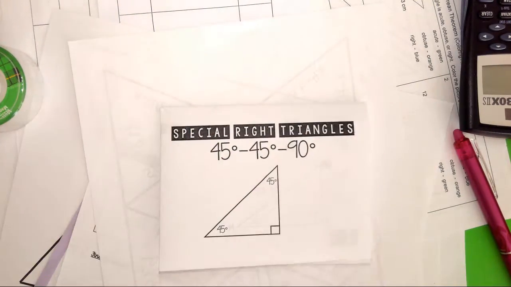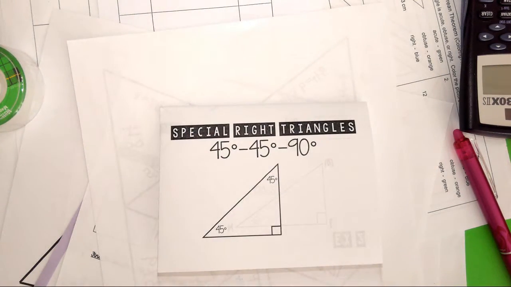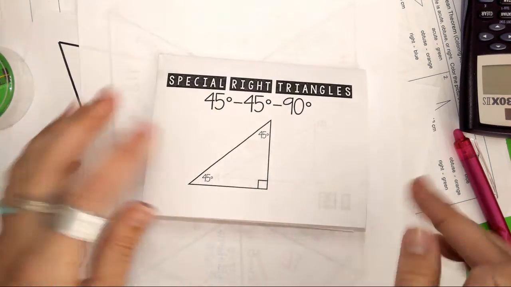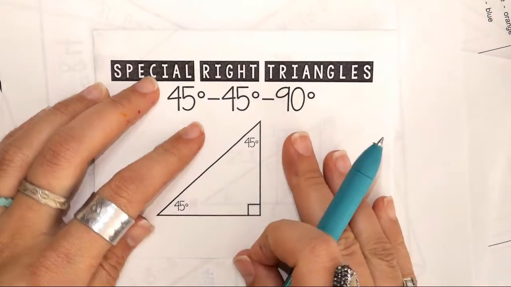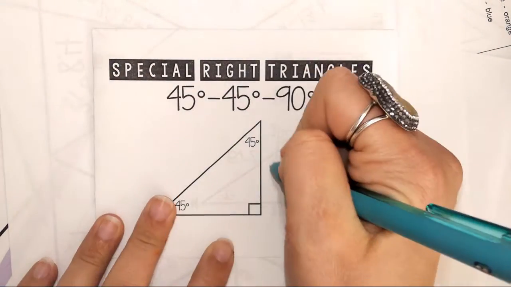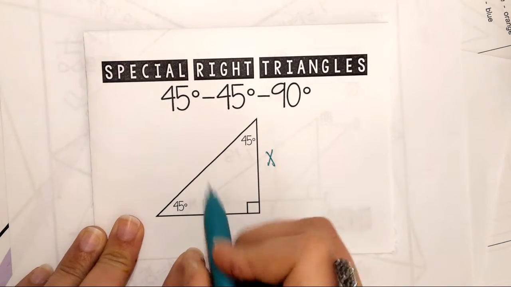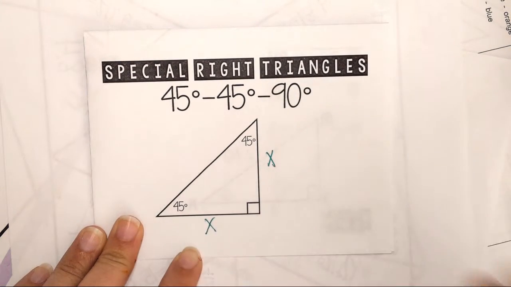Alright, so what we're going to do is we're going to write our rules on this side. So it's a special right triangle. If this side length is x, what does that mean that this side length is? And what does that mean our hypotenuse is?